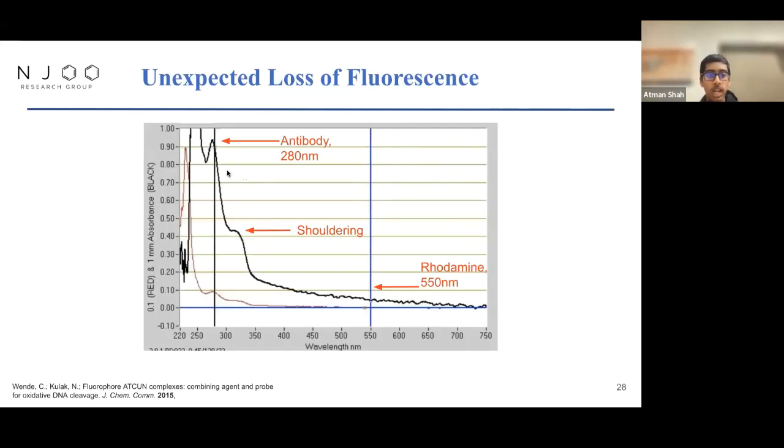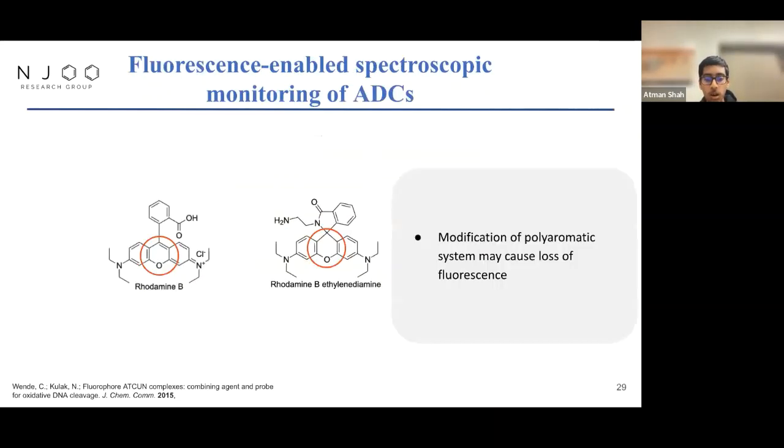So again, we see the antibody peak at 280 nanometers and 220 nanometers, but we also saw this shouldering, or like the splitting of the peak. And we also saw a lack of absorbance at 550 nanometers, which wasn't something we expected because rhodamine is known to absorb pretty strongly at 550 nanometers. And so one thing we did notice was that the formation of the new product created this new ring system.